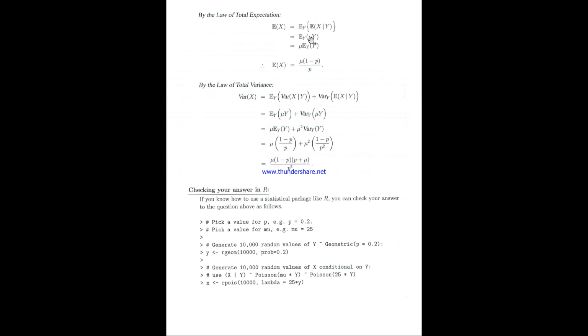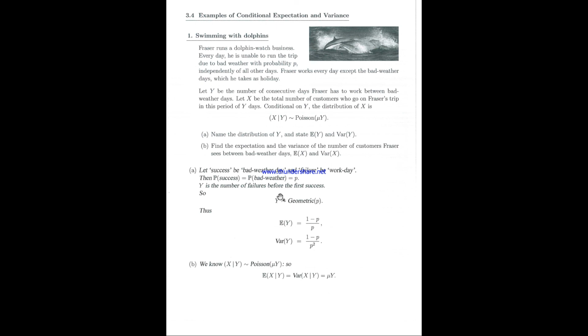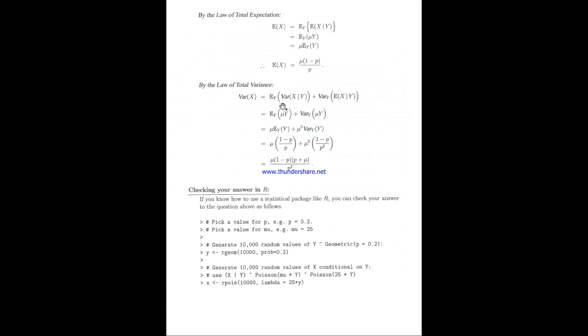I'm going to take mu out since it's a constant, so the expected value of x is equal to mu times the expected value of y. So we have to find the expected value of y. But here we have defined y as having a geometric distribution where the expected value is 1 minus p over p, so we can substitute that here.